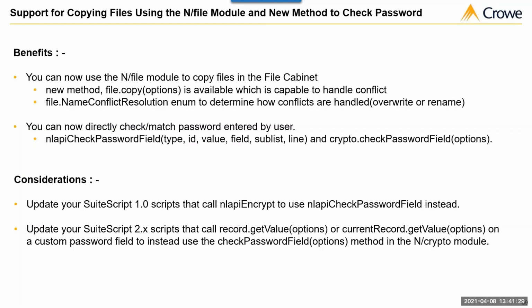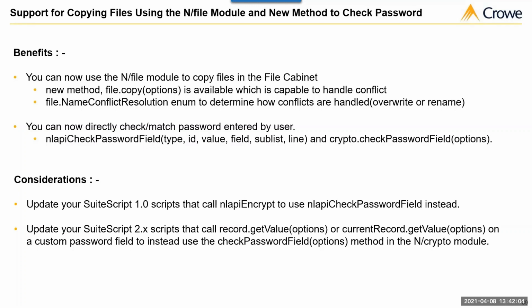For copying a file, earlier we were getting the current file context or body or data, and then creating a new file with the help of nlapiCreateFile, or in SuiteScript 2.0 with the file module. But now we have a direct function and object that we can utilize to copy a file in the file cabinet, using the file.copy function in 2.0.